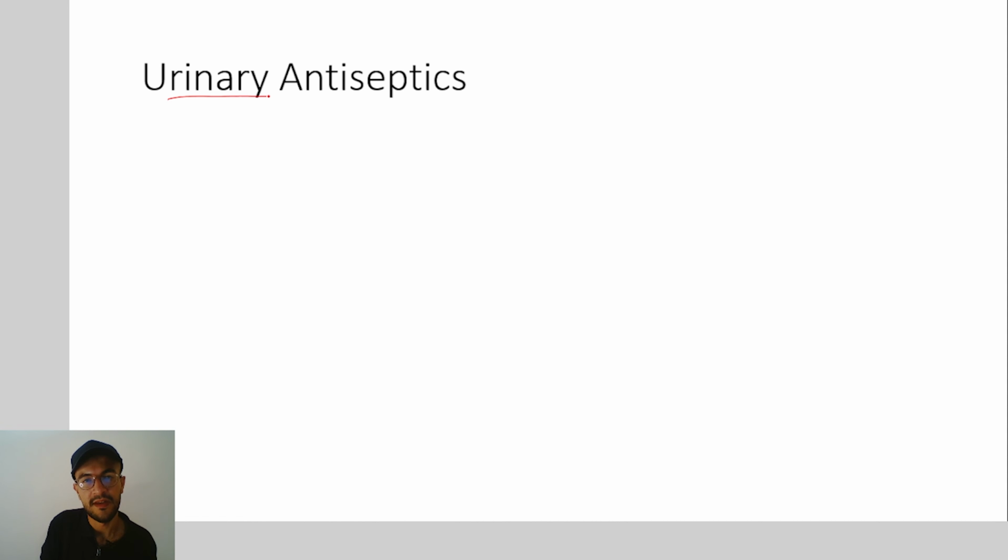Now let's talk about the urinary antiseptics. Examples for the urinary antiseptics include nitrofurantoin, methenamine, and fosfomycin.